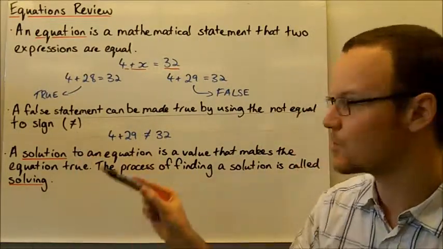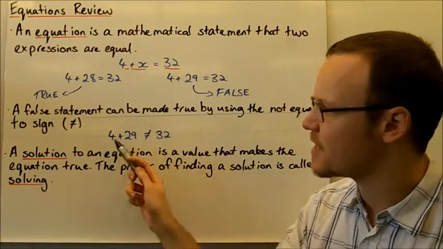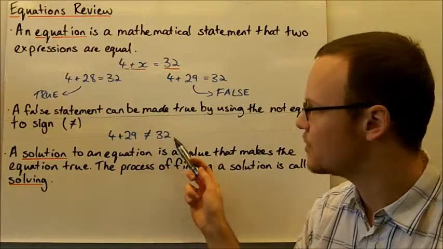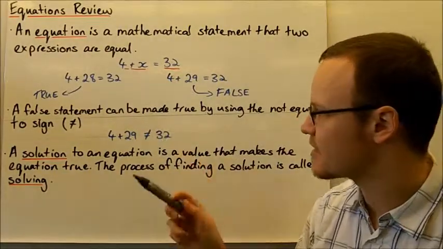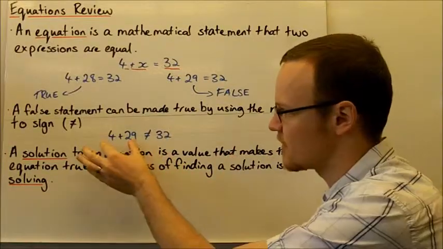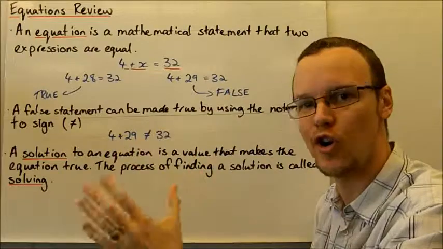It looks like an equal sign with a slash through it. So this statement is now true: 4 plus 29 is not equal to 32. That's saying that the expression on the left-hand side and the expression on the right-hand side are not equal.